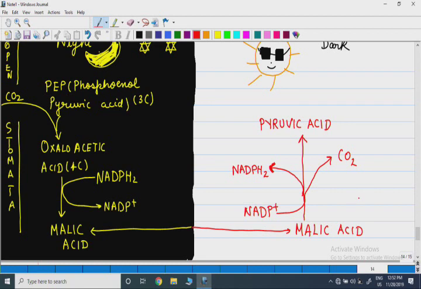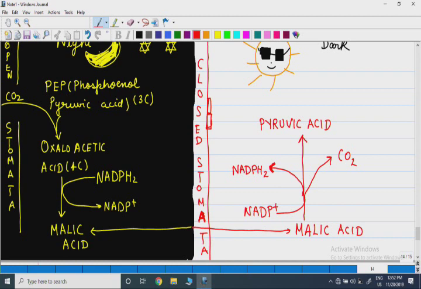This pyruvic acid will then be converted into phosphoenol pyruvic acid. So, you can write here, at the daytime the stomata are closed. The gate is closed.